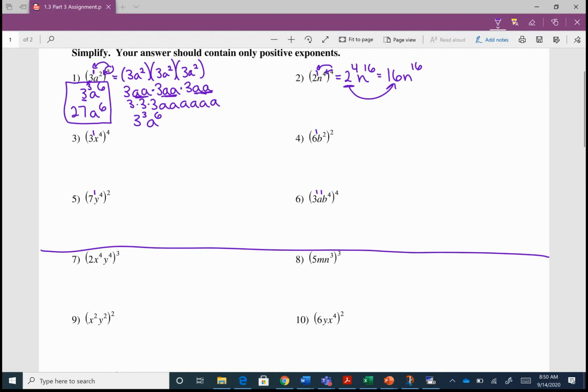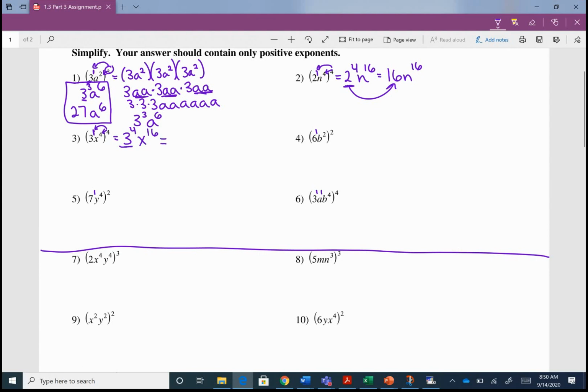So number 3, remember, one thing I was showing a lot of you when I came around to help, that 3 has an exponent of 1. And a lot of you were remembering that. That was great. So we have to do 1 times 4 and 4 times 4. The 3 to the 4th, remember it's not 12.